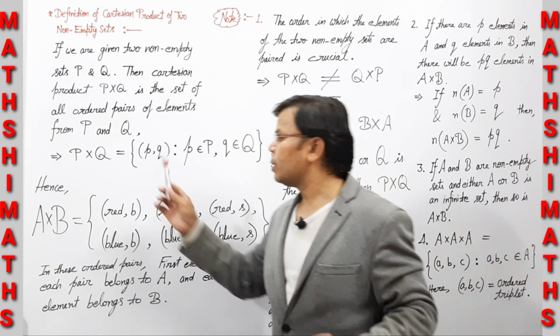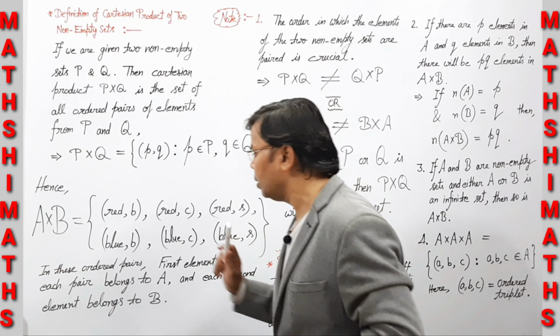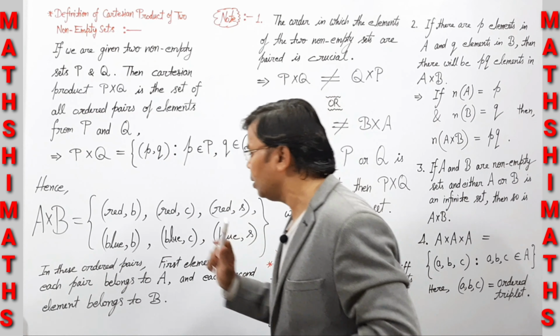Suppose we represent the Cartesian product of P and Q as P cross Q, then P cross Q is equal to the set of all ordered pairs (p, q) such that p belongs to set P and q belongs to set Q. Hence, now we are able to write the Cartesian product of the two sets A and B. Its ordered pair objects are red bag, red coat, red shirt, blue bag, blue coat, blue shirt.